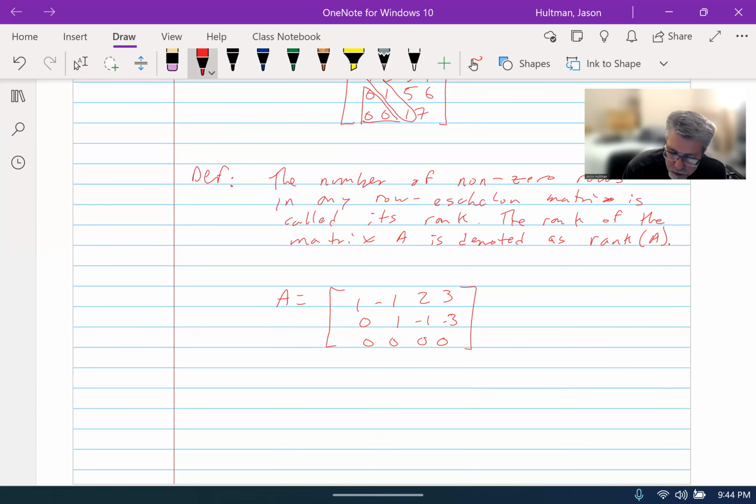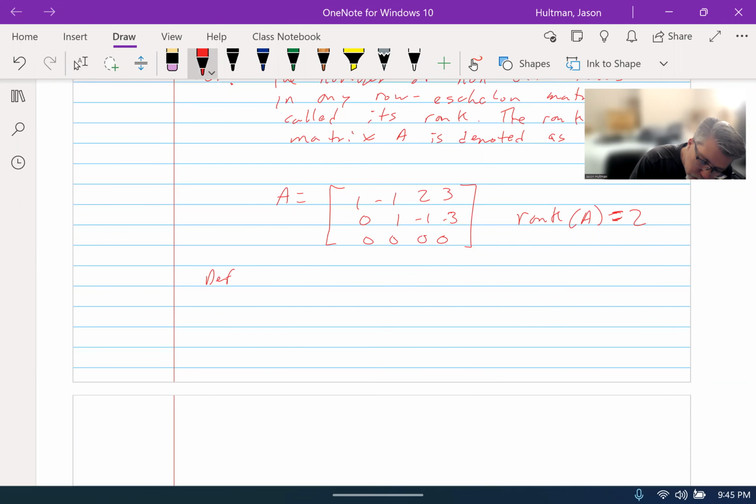Well, I only have one row of zeros, and there are 3 rows in my matrix. So this has rank 2. 3 minus 1 is 2. Rank of A is equal to 2.